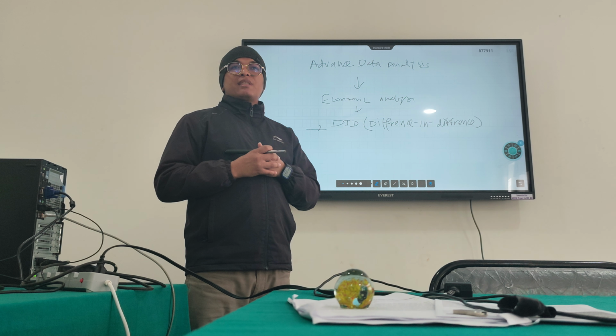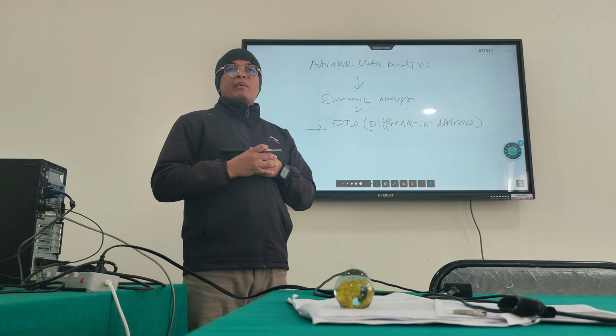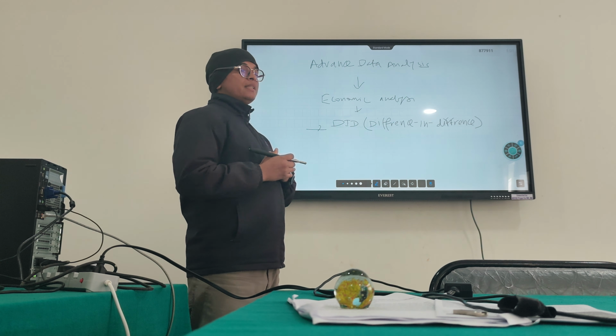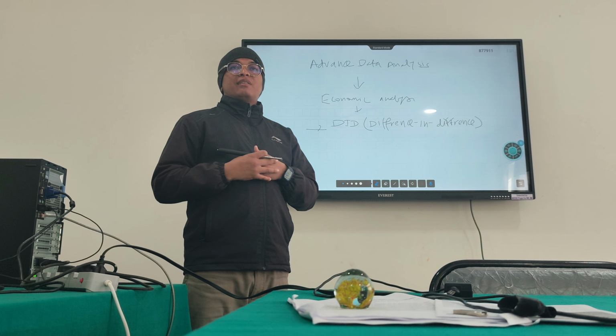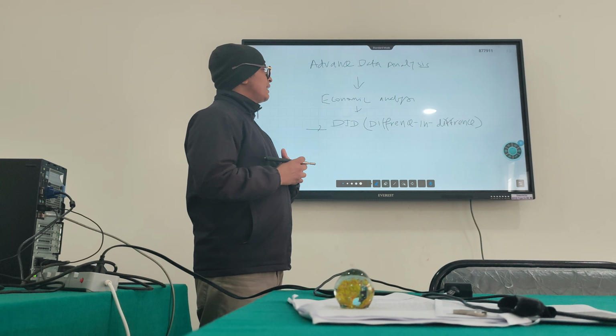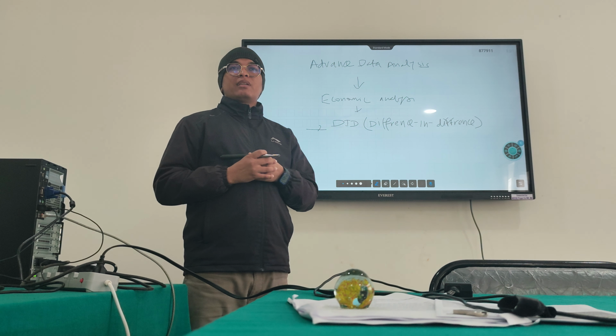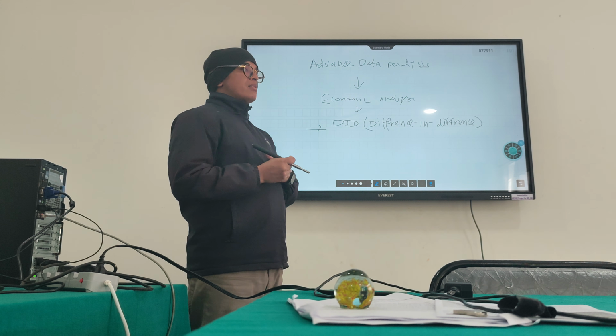So that is difference in difference. It is used through different data analysis techniques. If we use R programming, you have to write some models and perform the analysis through DID. It is nothing but the analysis of causal difference between variables, right?